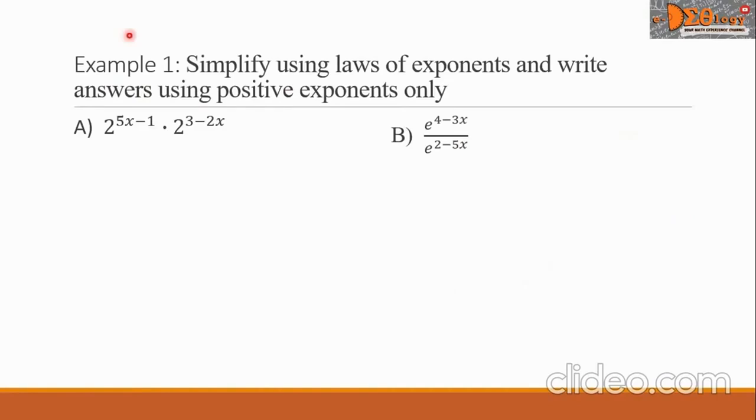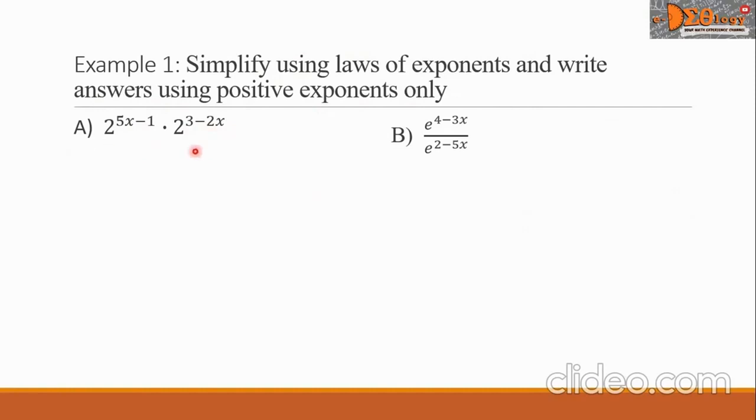Let's go now to sample problems. Example 1. Simplify using laws of exponents and write answers using positive exponents only. We have 2 problems here, A and B. Letter A is 2 raised to 5x minus 1 times 2 raised to 3 minus 2x.